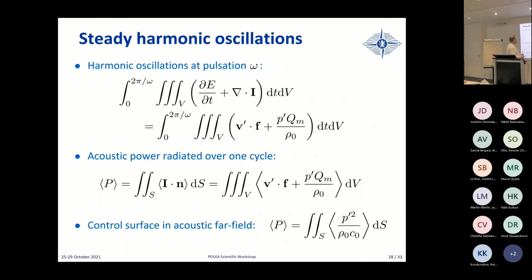Okay, so the monopole in the game here is this one. That's the Q_M over rho 0, that's the volume injection that I have. And remember, the physics of the thing is that when you have an increase of velocity, so when the acoustic field is going in the same direction as the mean advection velocity, you increase the amount of heat that you extract from the grid. Right?